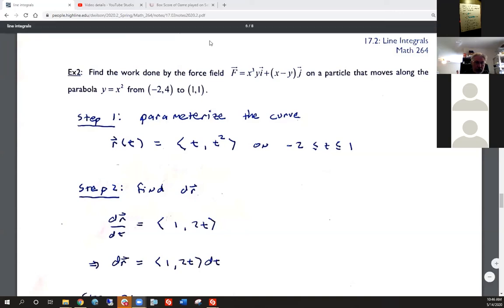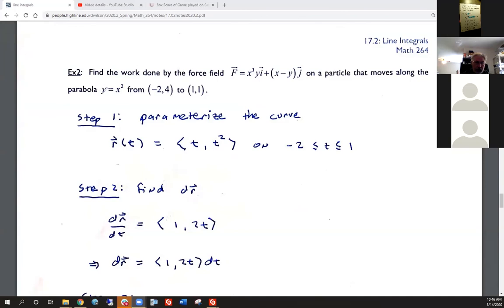We actually already talked about this a little bit. Since we're parameterizing y equals x squared, we replace our x with t. As soon as you have x equals t, that gives you y equals t squared.